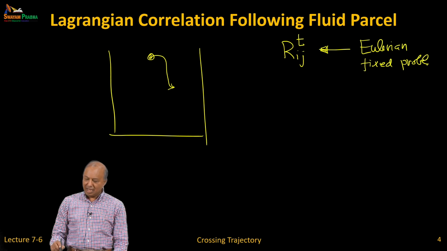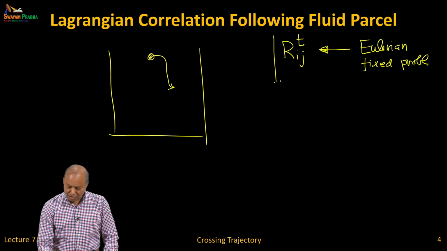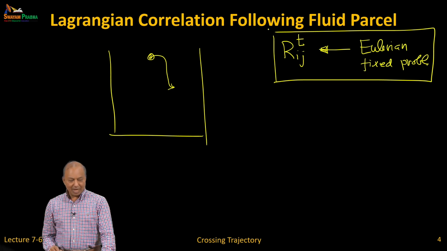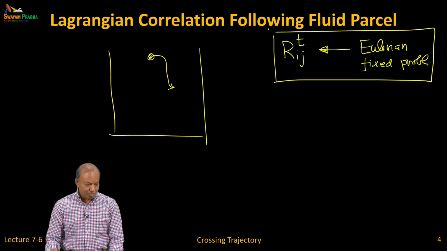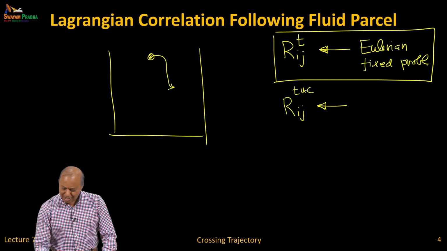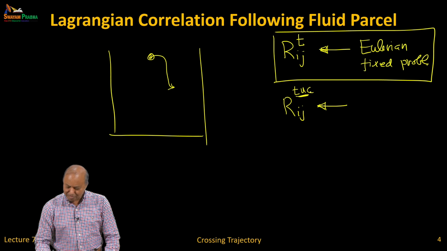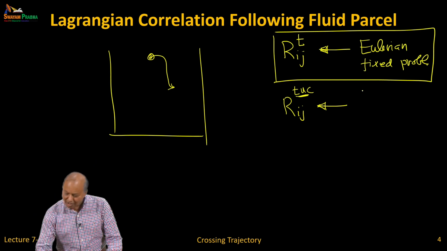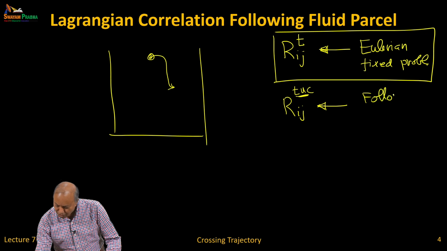In other words, you start with what is experimentally easy to measure, then the next thing that you do is follow the fluid parcel.